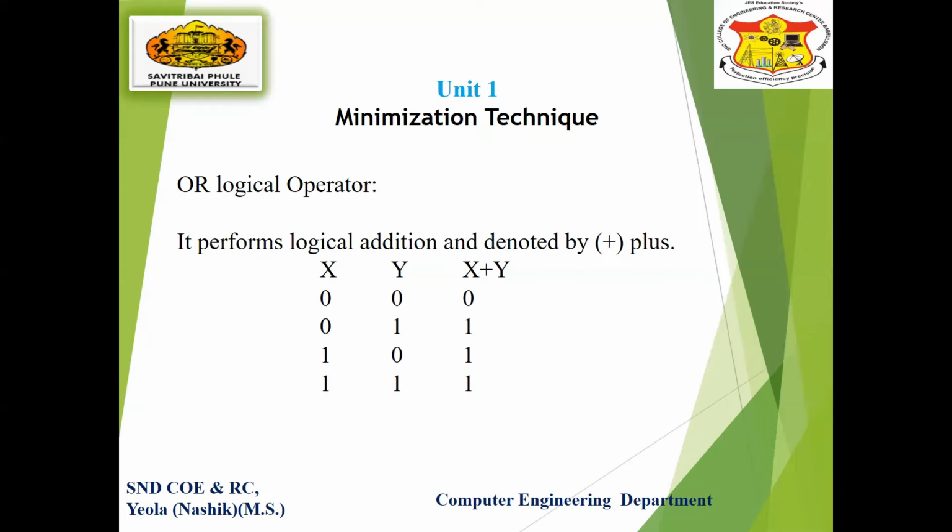We have two variables with the combinations 0 0, 0 1, 1 0 and 1 1. When we use the OR operator, any one input being high makes the output high.